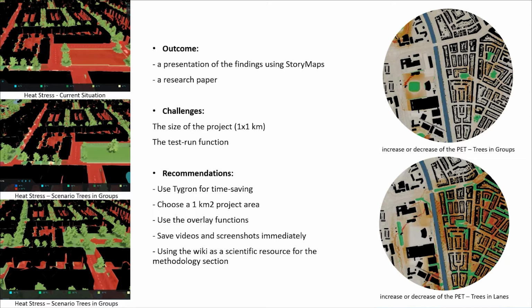And I think the most sort of strange conclusion was that adding trees also could increase the heat, and that's because they block the wind. So that was one of the conclusions.